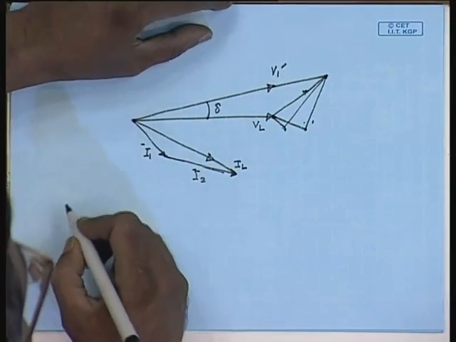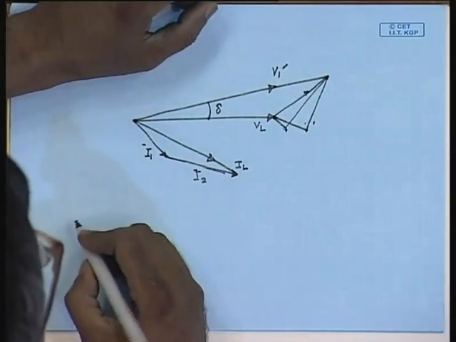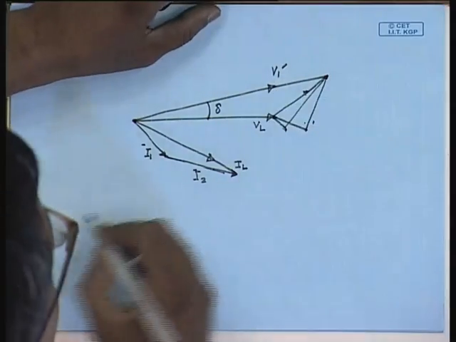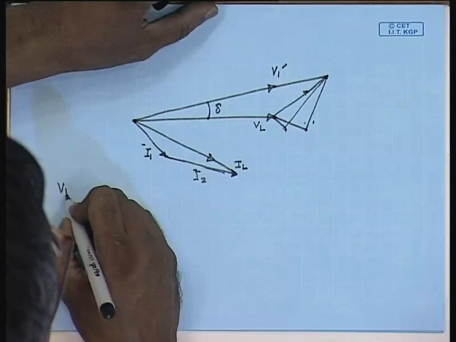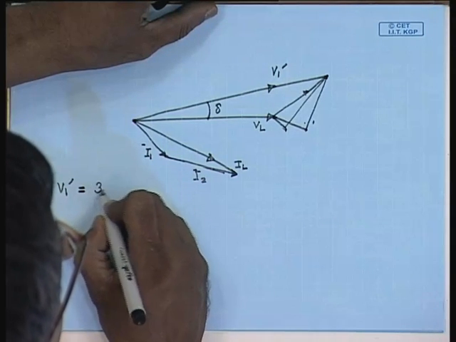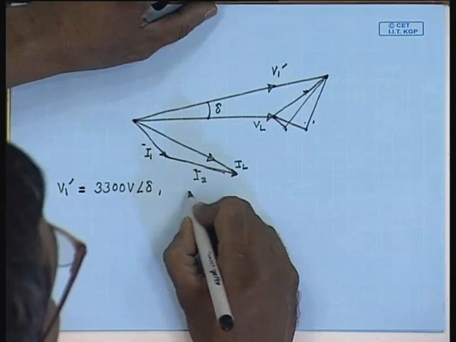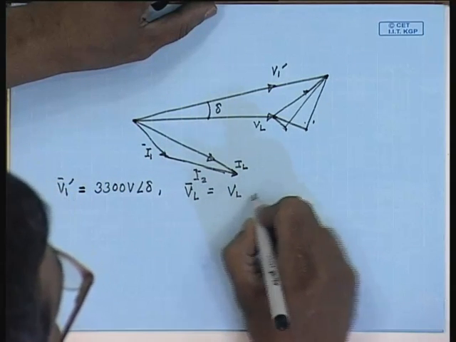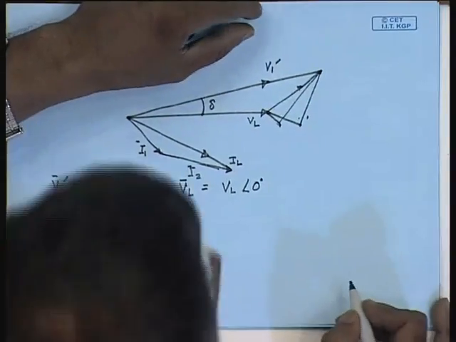Now, we know V1 dash magnitude is 3.3 kV, because the applied voltage is 11 kV. Now, V1 dash here equal to 3300 volts at an angle of delta. VL equal to magnitude of the load voltage at an angle of 0, that is, we have assumed this to be the reference phasor.